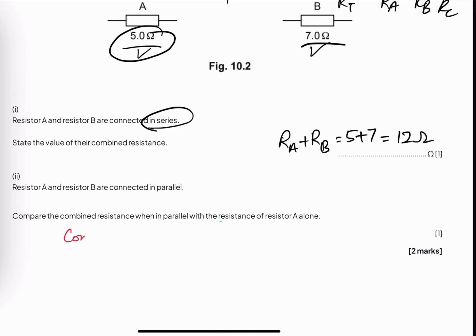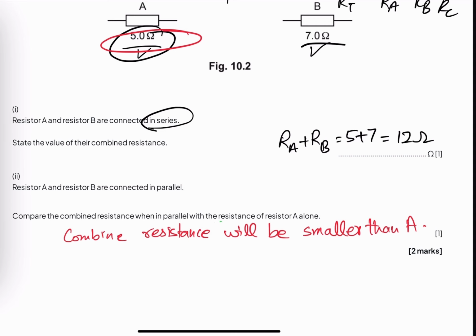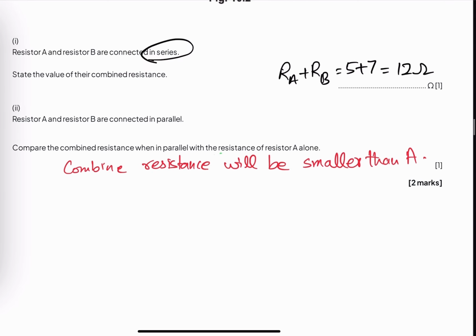So the answer for this question is: combined resistance will be smaller than A. A was 5. It was the least value of the individual resistance. And there is a note for you to remember.